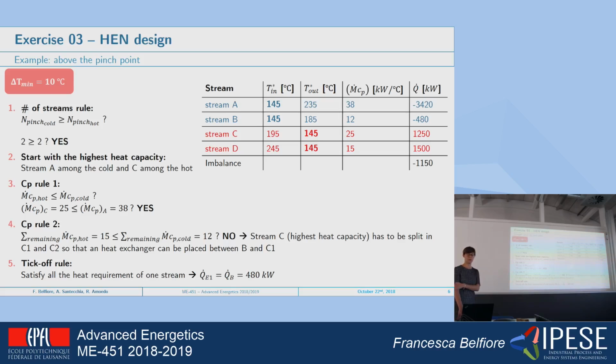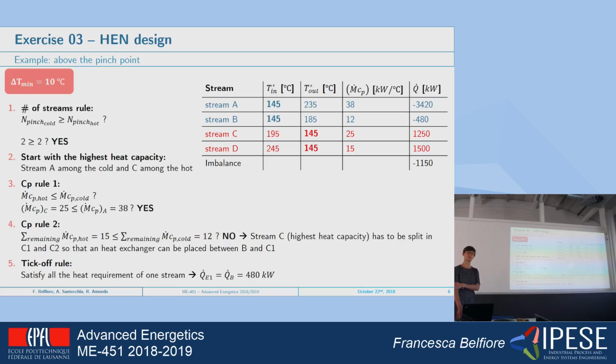So we go back, we take the biggest heat capacity of the hot stream, 25, and we split this stream. So we take the stream C, we have to split it in order to satisfy the heat load of stream B. So this is the Tick-Tock rule.